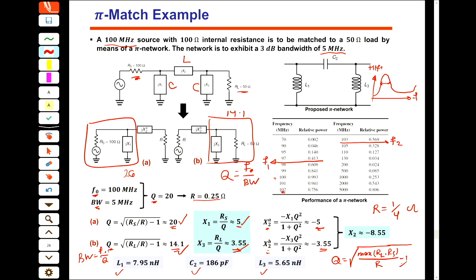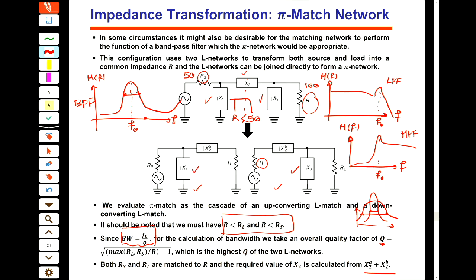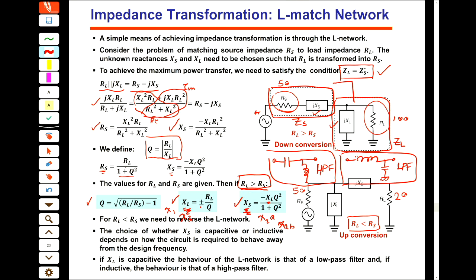sign. So here, you can select plus or minus, any of them. But when you select XL plus, then your XS is minus. If you select minus, then it's plus. It's on you. You can select another type of circuit, but then the behavior, apart from your working frequency, is different.